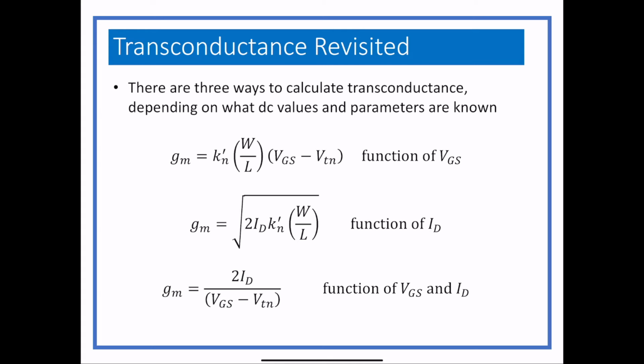Don't go try to figure out parameters you don't have. You're going to need 2. You're either going to have Kn prime W over L and either VGS or ID, but if you happen to just have VGS and ID, just go ahead and calculate it that way. Don't try to figure out the other parameter. And I think that's in the homework. You get to practice that.